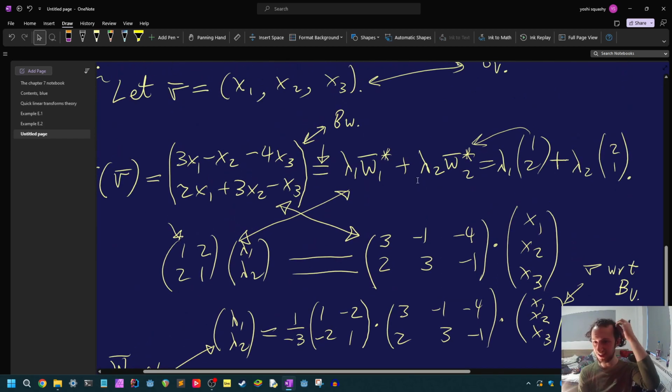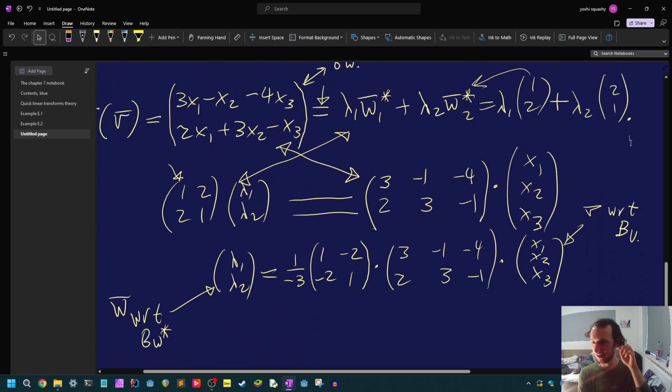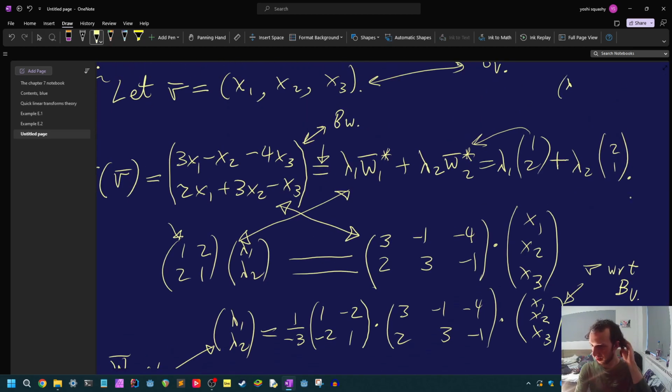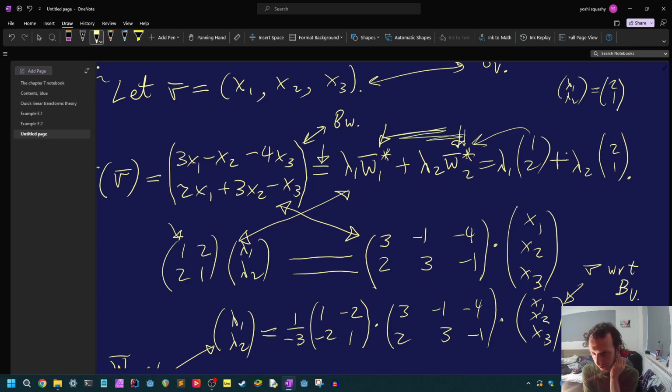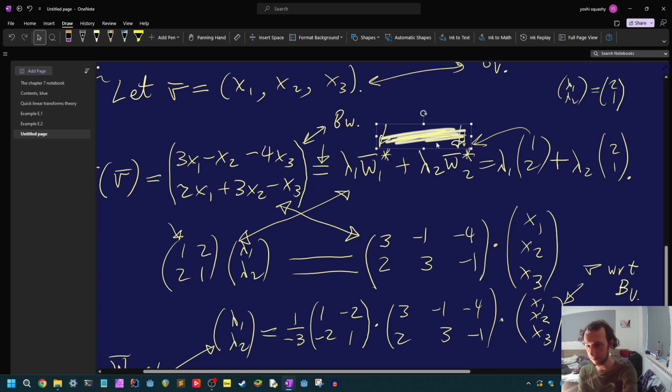Now this is move 1 in the direction of w1 star, and then move twice in the direction of the other. If we had the coordinates of w with respect to bw star as 2, 1, that doesn't mean 2 across 1 up, it means now we do 2 lots of this and 1 lot of that. Okay. But I think that's fairly clear. Maybe not, doesn't really matter.